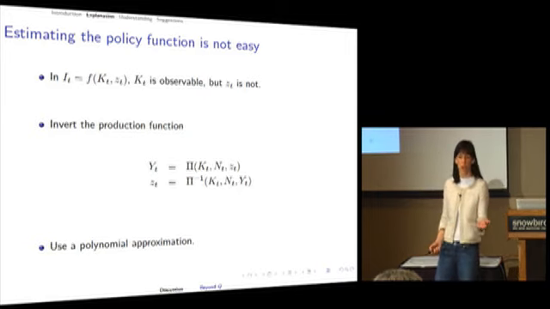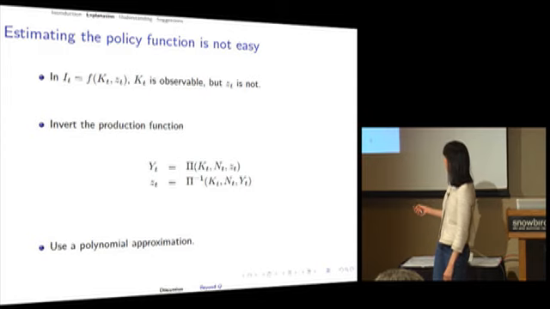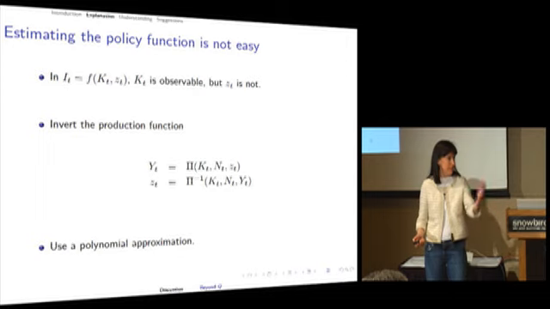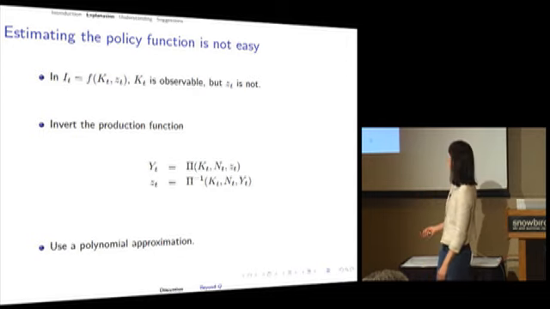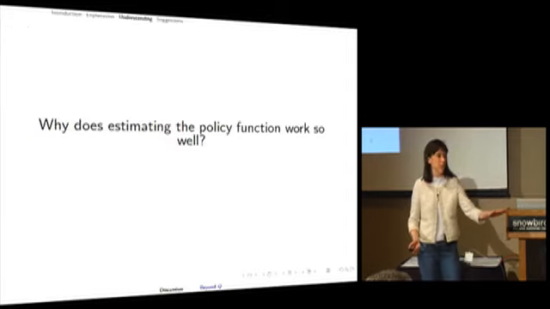So what are they going to do? They're going to invert the production function. Here's the production function, y. It's a function of capital, labor, and this unobservable thing. They invert it, take that z, and stick it in up there, and then they've got something in terms of observables. That's the basic idea here. We're going to use a polynomial approximation, because we have no idea what these functional forms really are. So that's the summary of the paper.